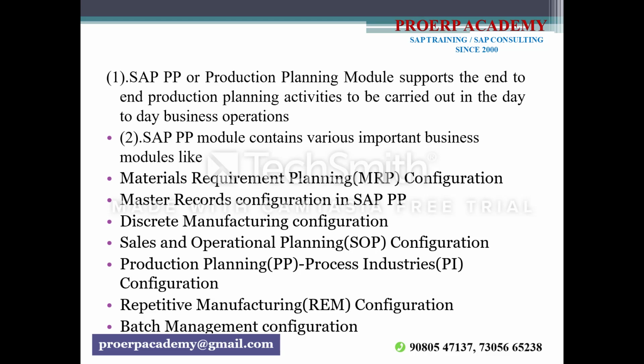Similarly, we have to implement repetitive manufacturing configuration, which is also very important. And similarly, we have to implement batch management configuration. So these are all very important configurations to be carried out in the SAP production planning module.